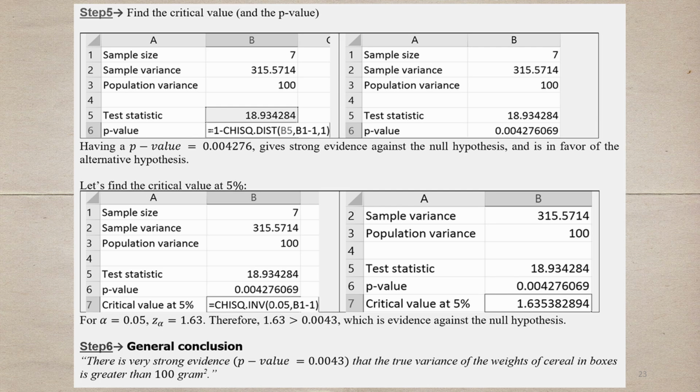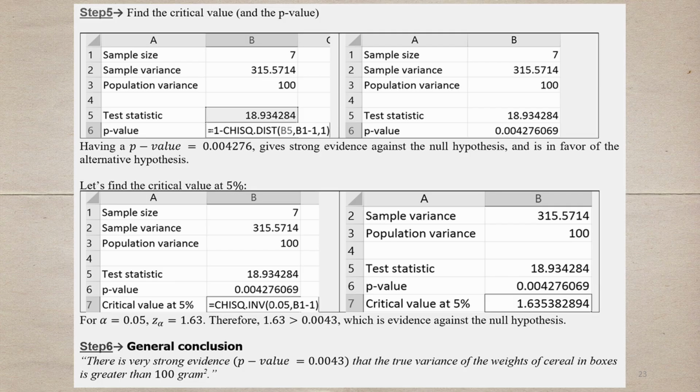This can easily be done by using Excel as shown in the slide. The p-value found is 0.004274, which gives strong evidence in favor of the alternative hypothesis. Likewise, a test statistic of 18.93 is much larger than the critical value of 1.63.